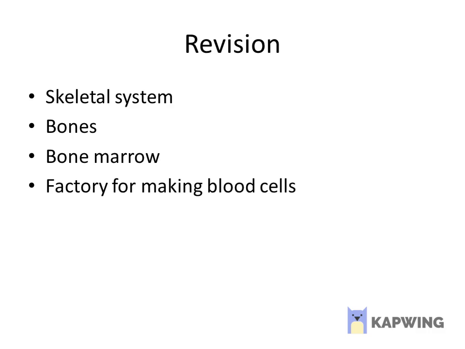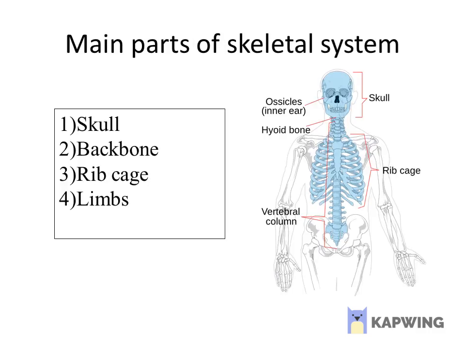Clear? Now, the last question is, why is bone marrow known as the factory for making blood cells? Blood cells are manufactured inside the bone marrow. That's why bone marrow is known as the factory for making blood cells. Clear? Now, shall we begin?